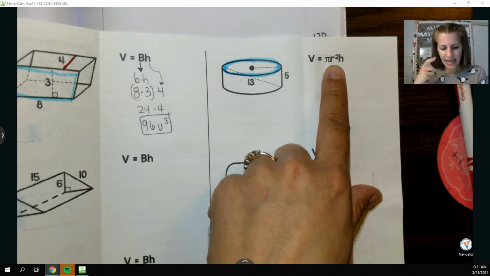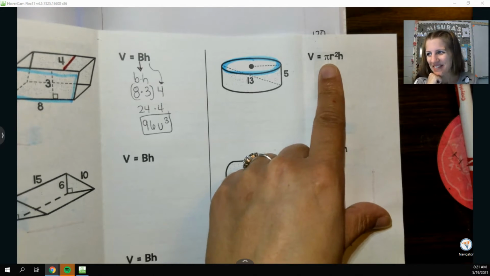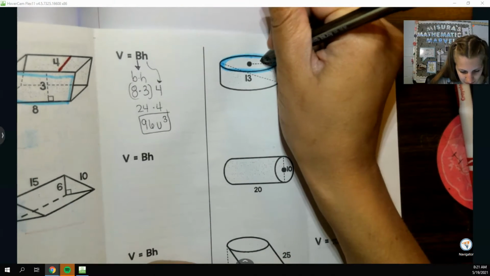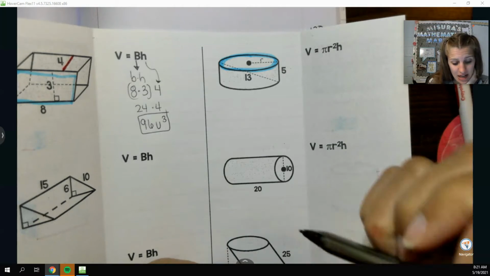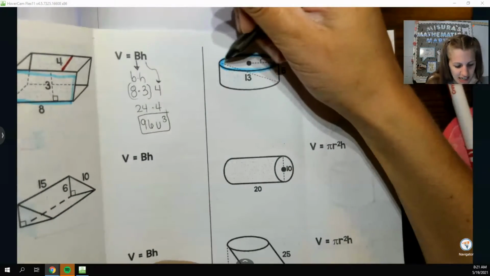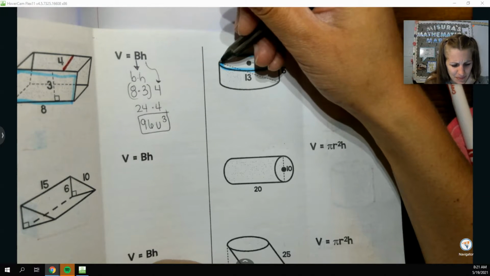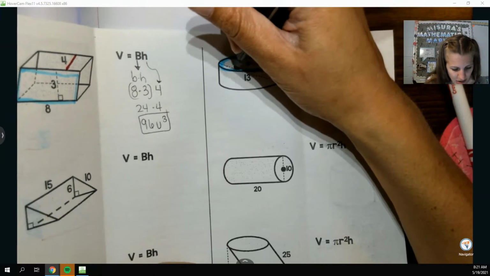Which I feel like I can't see what the radius of that is. I don't think they gave it to me. It's like right there. And the other kind of weird thing is this 13 is sort of talking about how far it is from like the top of one side to the bottom of the other. It's sort of like this diagonal line.